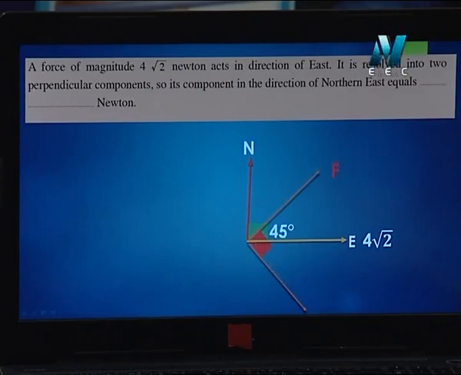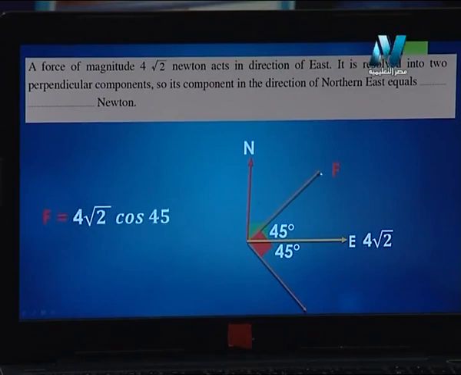The angle here will be 45 degrees, and of course the angle here will be 45, because he didn't say what angle is between them. When he says northeast or east-north without mentioning an angle, it will be 45. It is in the middle here. So the angle is 45 and 45.